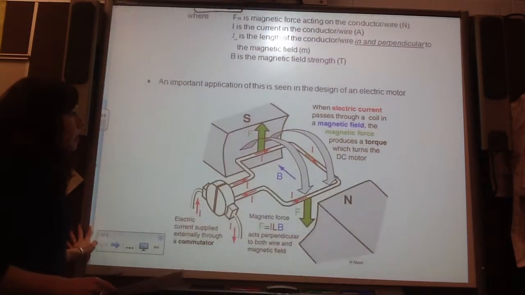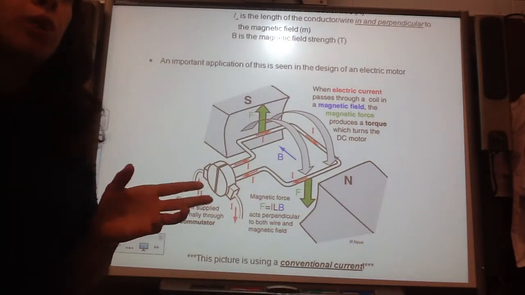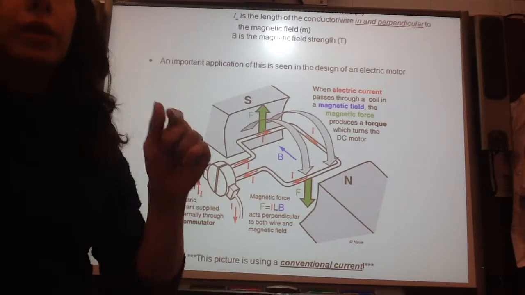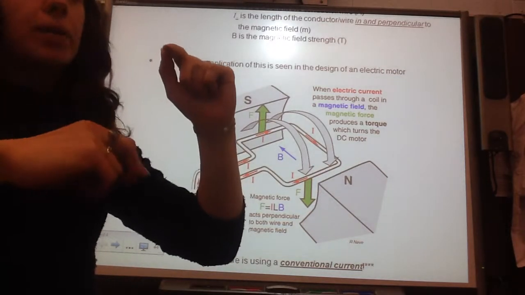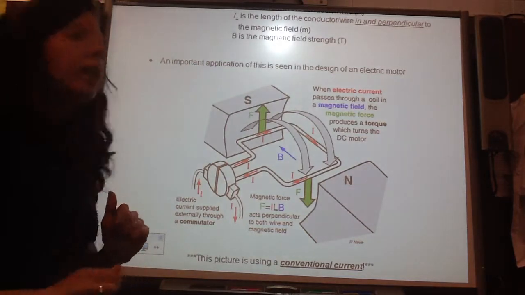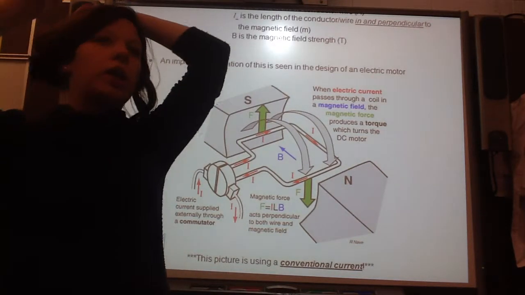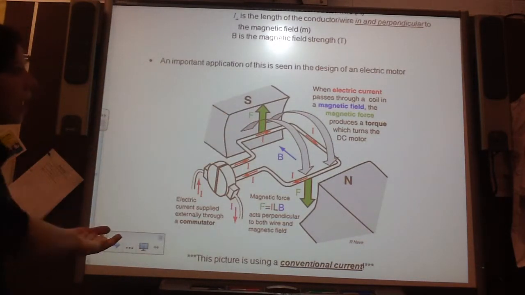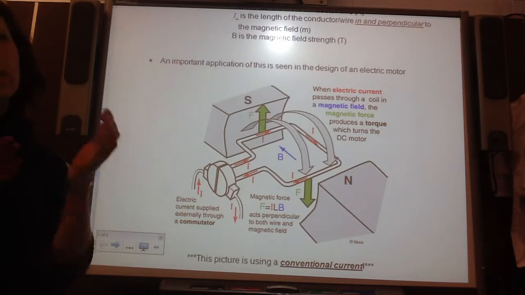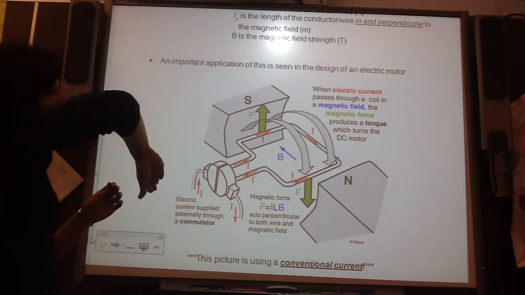Now, this was an important application. This was that little motor that you guys tried to make with the wire, and then you put it up on the paper clips, and then you put a magnet underneath. So theoretically, you were putting a current through the wire, and then it was experiencing a magnetic field, and so the wire would have certain forces.